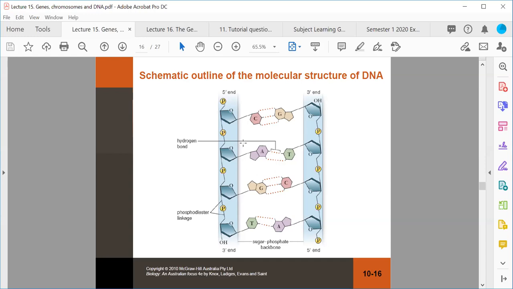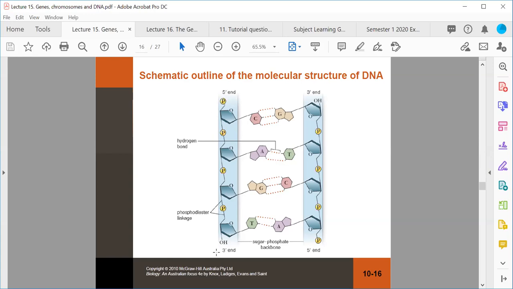This schematic also very nicely shows the distinct ends of each strand of DNA. So if we look at this strand here on the left, we can see that this is the 5' end, and you might recall that that refers to the free 5' phosphate of this particular nucleotide here. So in other words, this particular phosphate can form a bond to something else.